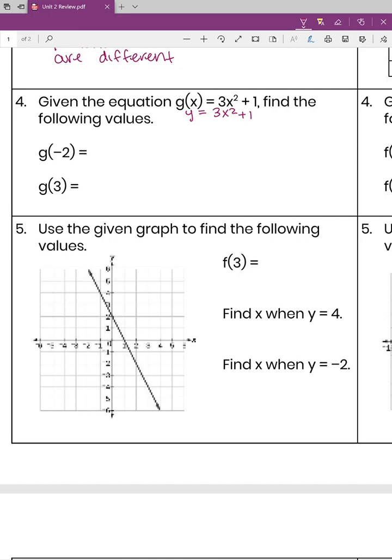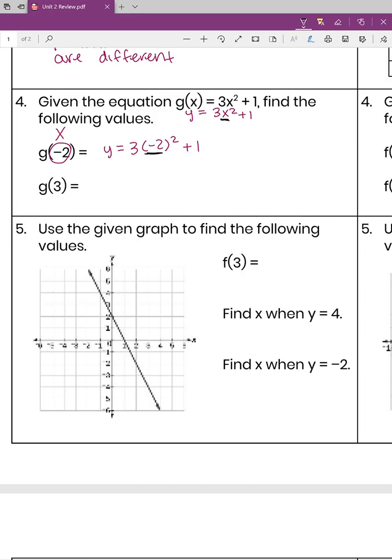Since it's inside the parentheses, this negative 2 is my x value. So I need to plug in negative 2 for x. So I have y equals 3 parentheses negative 2 squared plus 1. Instead of my x value, I put a negative 2.